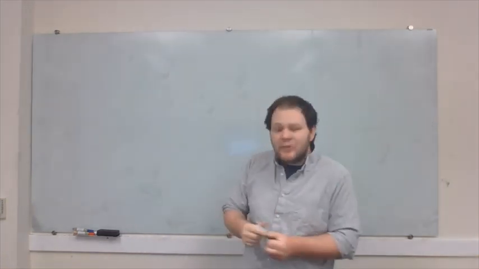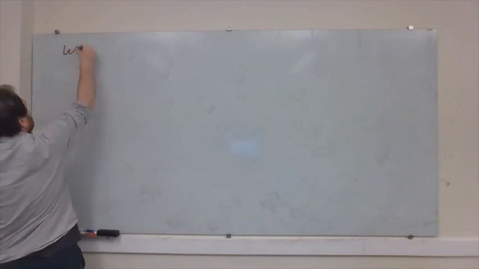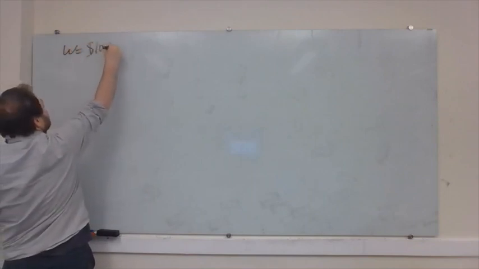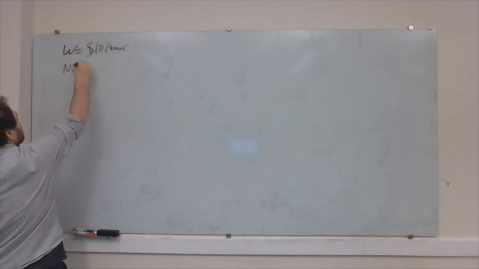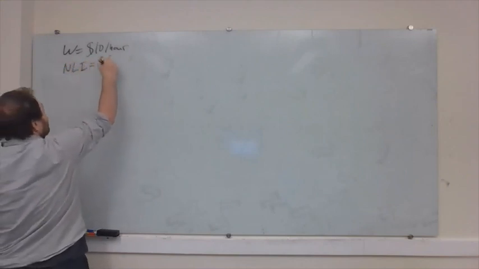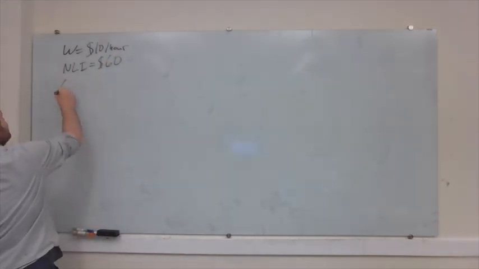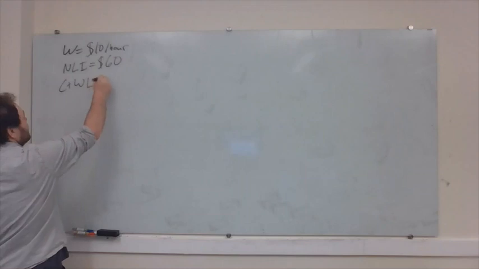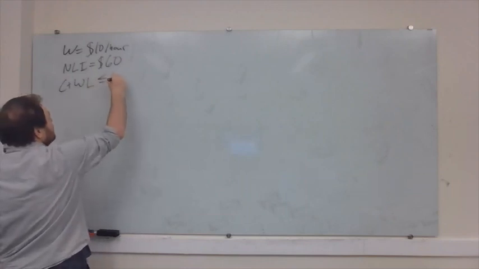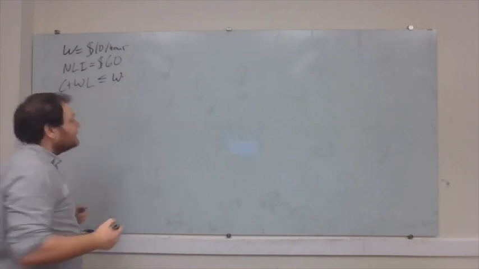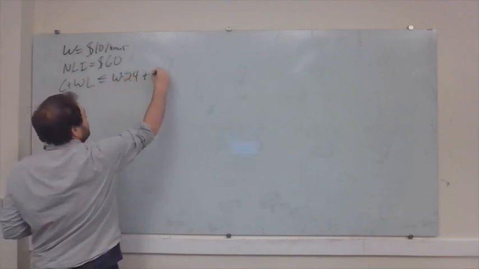So to think about this, let's go back to the example we had before, where you can earn a wage of $10 an hour, you get a non-labor income, money from your rich uncle, of 60 bucks, and so we said that your budget constraint is going to be C plus WL, your expenditures have to be less than or equal to your wage times the total amount of time you've got available, in this case 24 hours a day, plus your non-labor income.